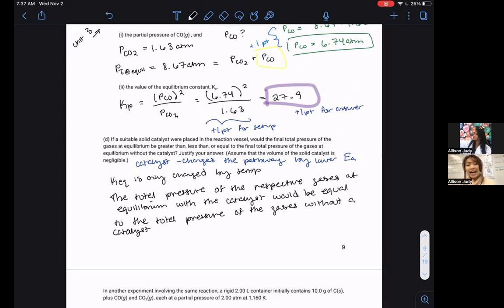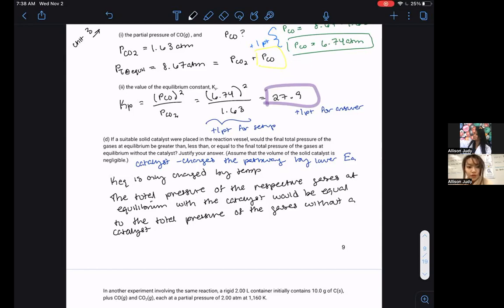Because catalysis doesn't affect the actual ratio and thus the actual end value of the respective reagents. All it does is speed up the process, but it doesn't change the end point of balance. It doesn't permanently shift the equilibrium position.